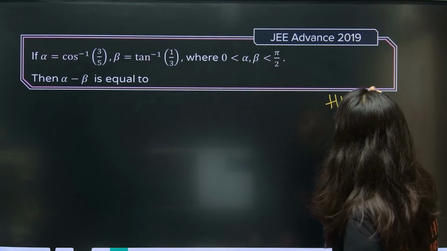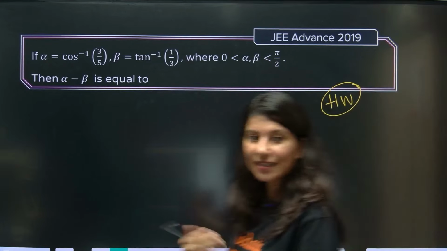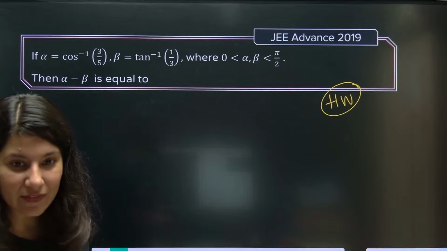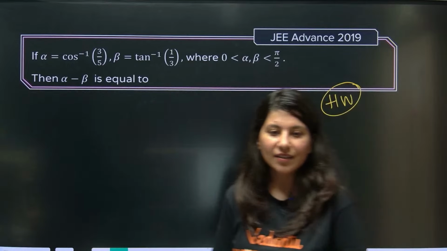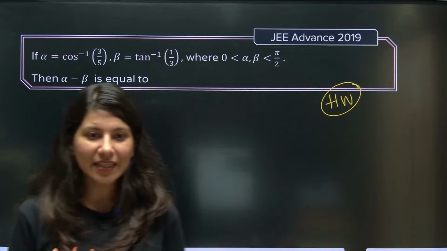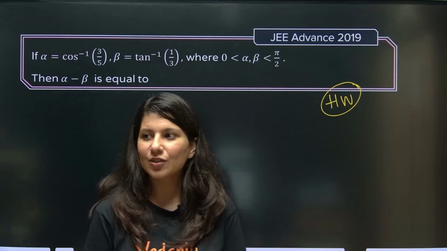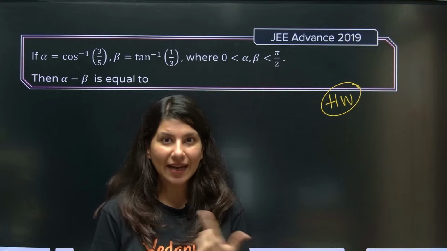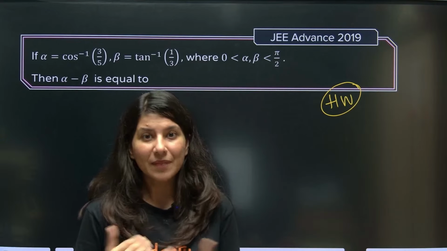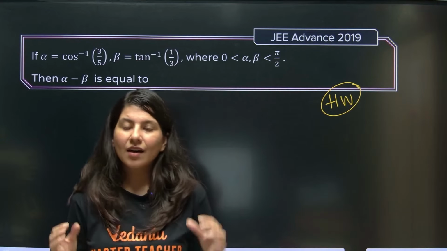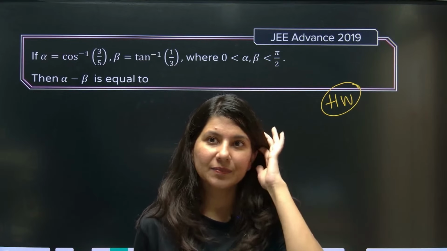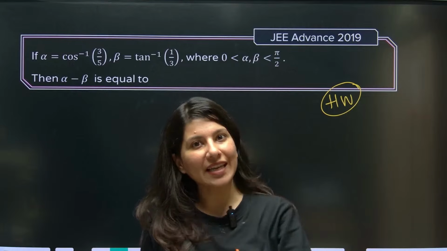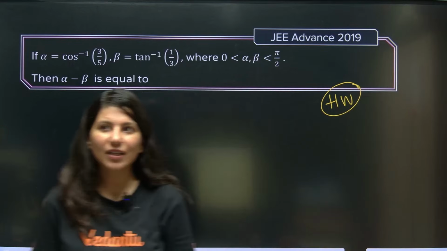I'll continue with this in the next class, because anyway we have less time. Now one property is remaining and the summation of series is also remaining. Make sure that you are practicing. The next part will be covered in the next video.